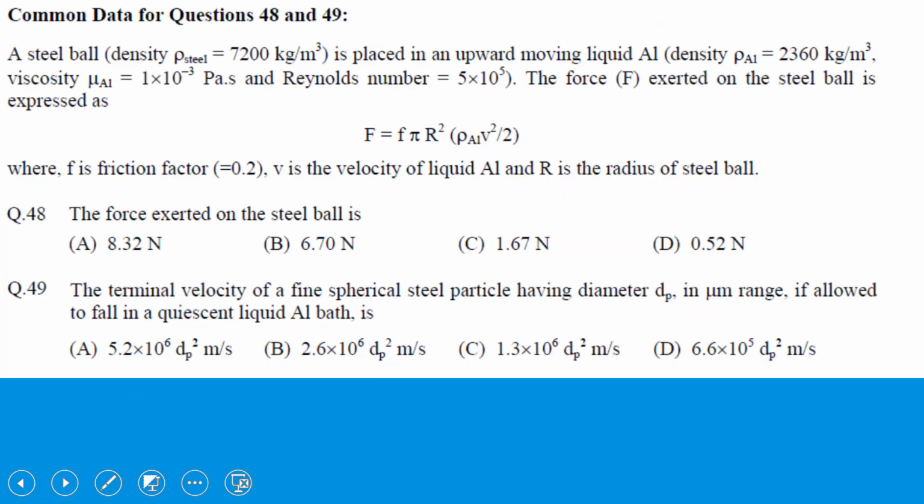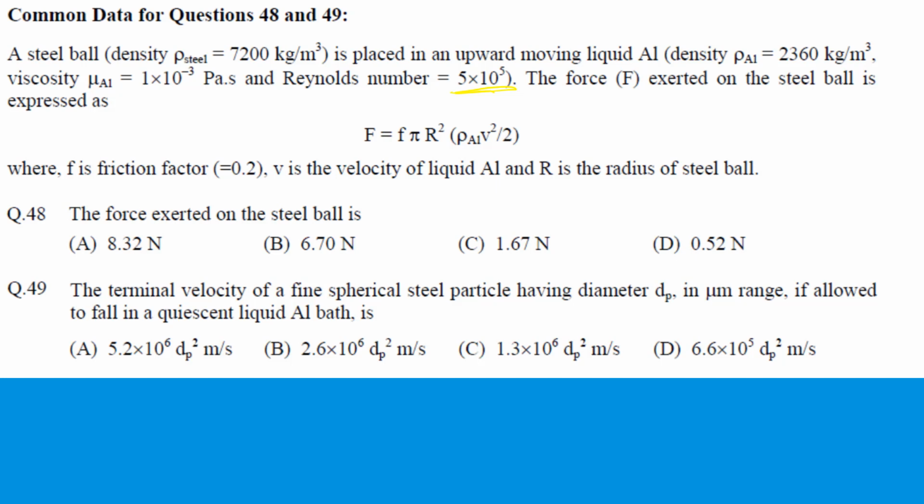Next, a steel ball of density 7200 kg per meter cube is placed in an upward moving liquid aluminum. Density is 2360 kg per meter cube. Viscosity is 1 into 10 power minus 3 Pascal second, and Reynolds number is equal to 5 into 10 power 5.